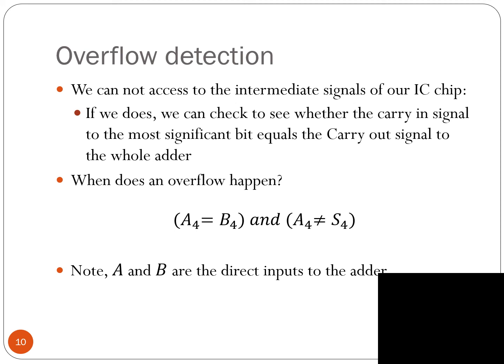Or if A4 and B4 are both 1, and the sum bit is 0, there's overflow. Here, A and B are the direct inputs of the adder. So it's not your direct operand, because for subtraction, you are flipping B, right? So this is the result after the flipping.